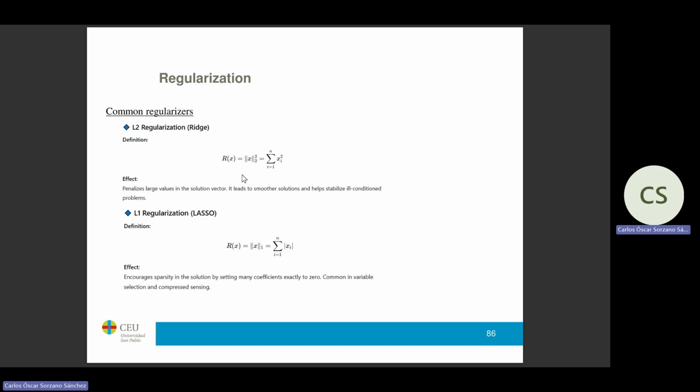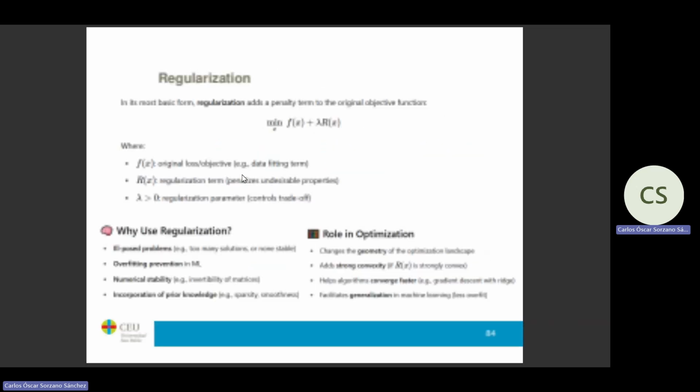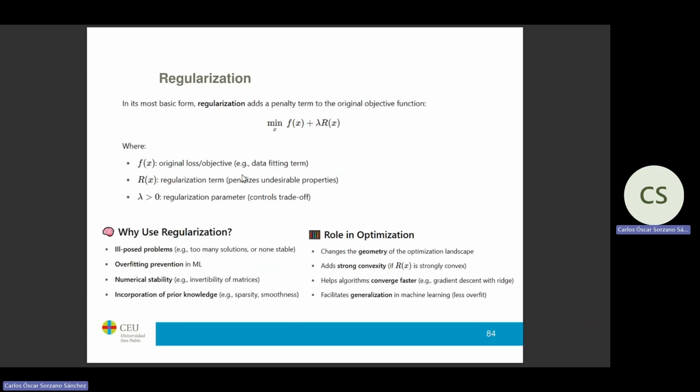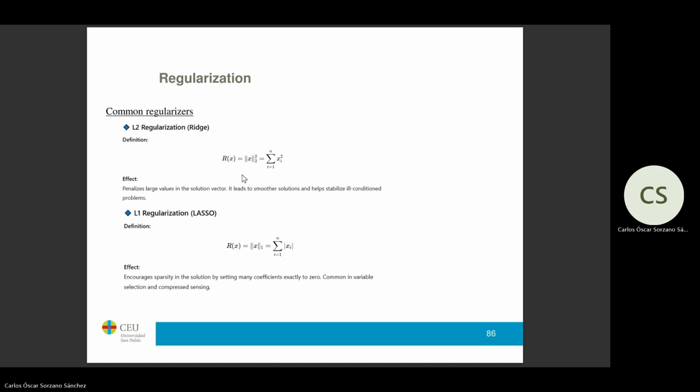So if one of the xi's is very large, this term will be very large, and because you are minimizing with this penalization, this lambda is something relatively difficult to choose. We will see some techniques, but in practice, it is still difficult or very expensive as we will see.